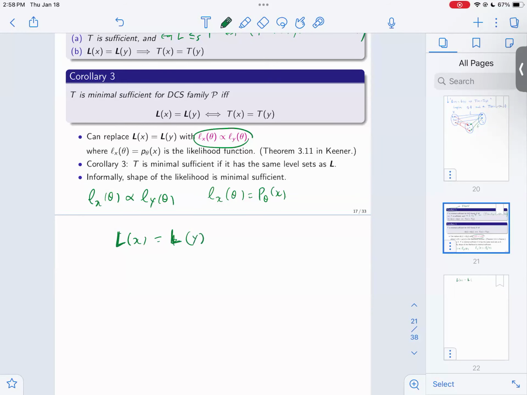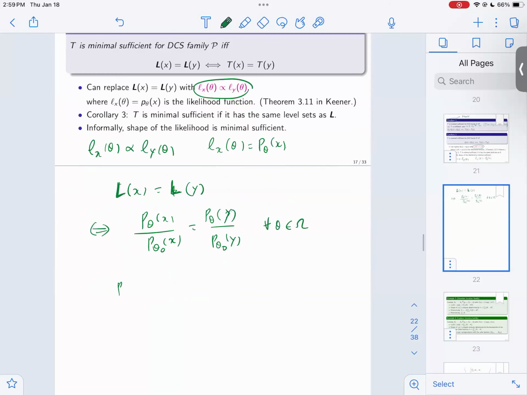So this is equivalent to P theta of X divided by P theta naught of X equal to P theta of Y divided by P theta naught of Y for all theta. And if I rearrange, I get P theta naught of X divided by P theta naught of Y, times P theta of Y, for all theta.